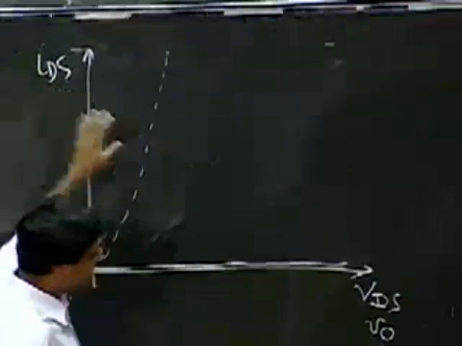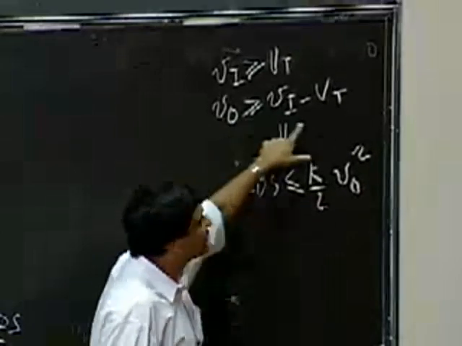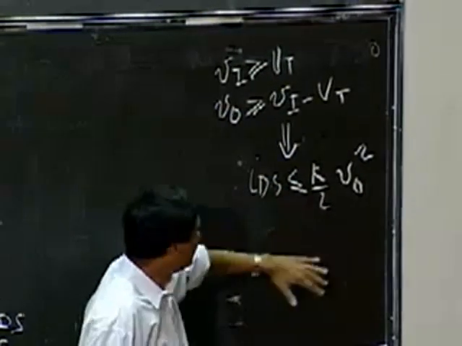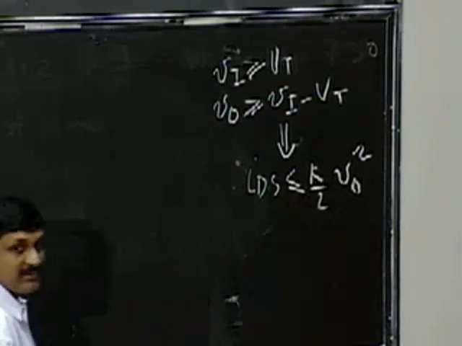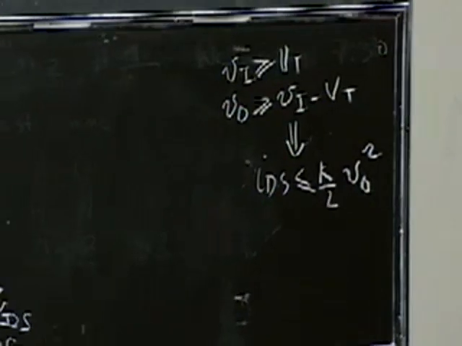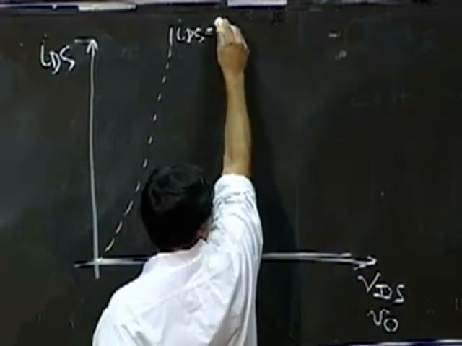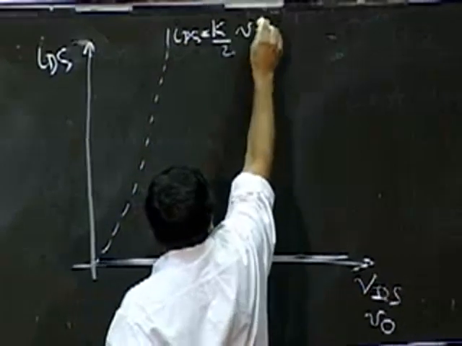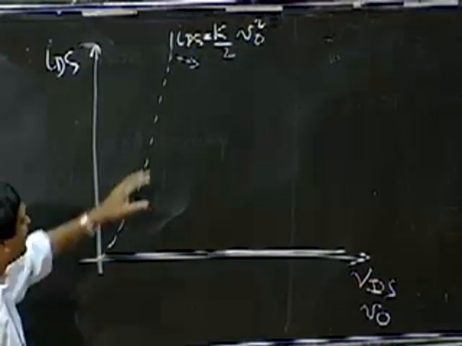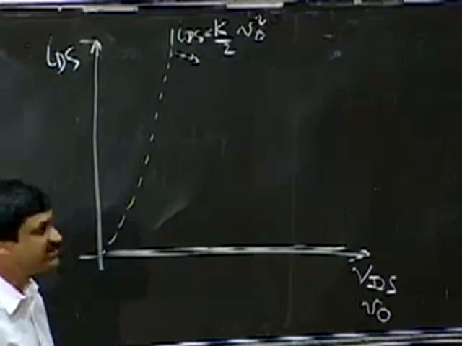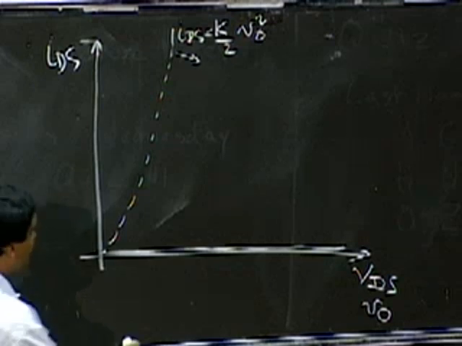Okay, so in terms of my IDS versus VDS relation, this latter constraint is equivalent to IDS being less than K by 2 V naught squared. Okay, so this is that equation. So this line is IDS equals K by 2 V naught squared. And in this region, I have the valid operating region where IDS is less than that quantity.